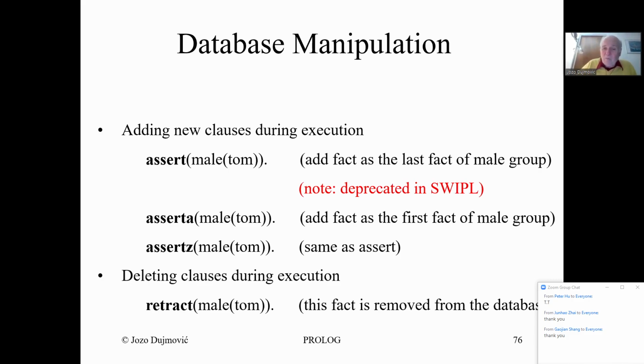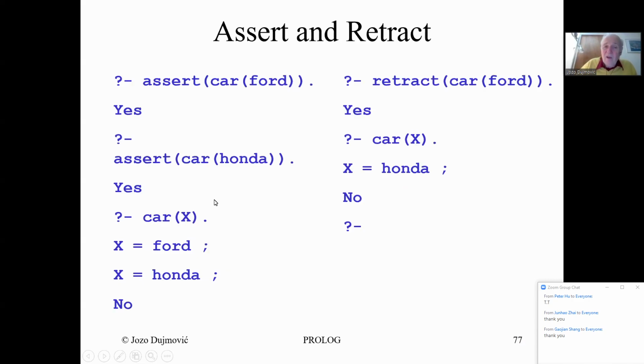So here is an example that perfectly clearly shows what we do. So you start PROLOG and enter assert car is Ford. So you have car is Ford as a fact that you insert in your database of facts. After that, you say assert car is Honda.